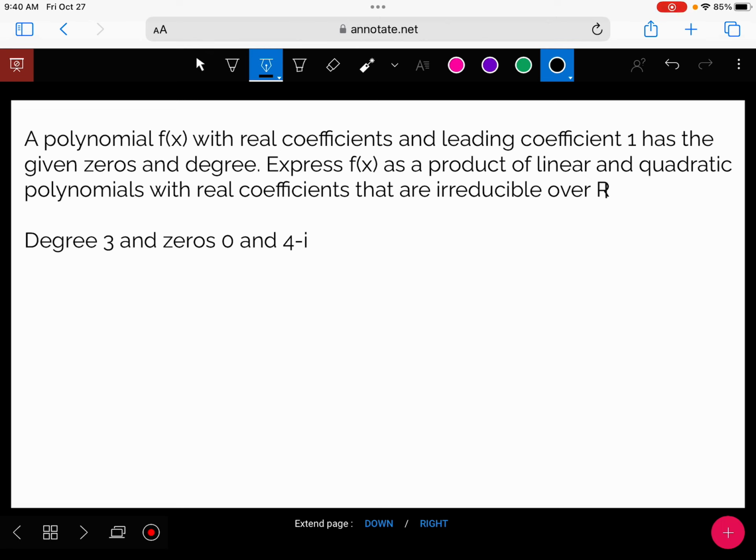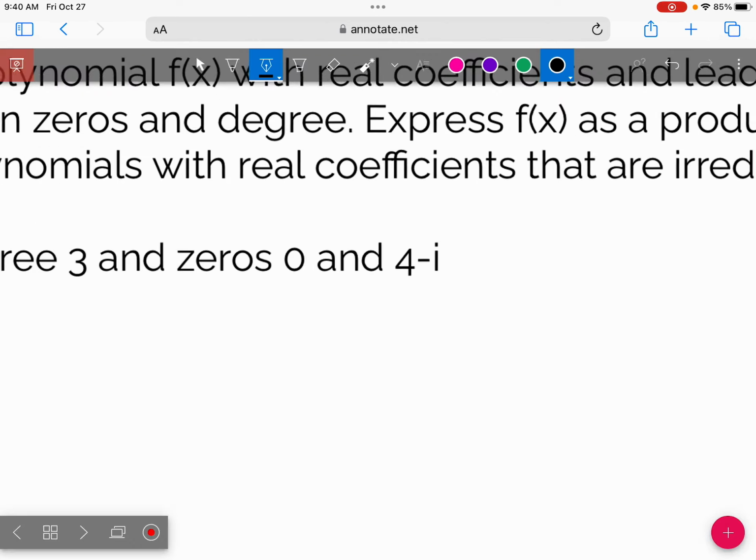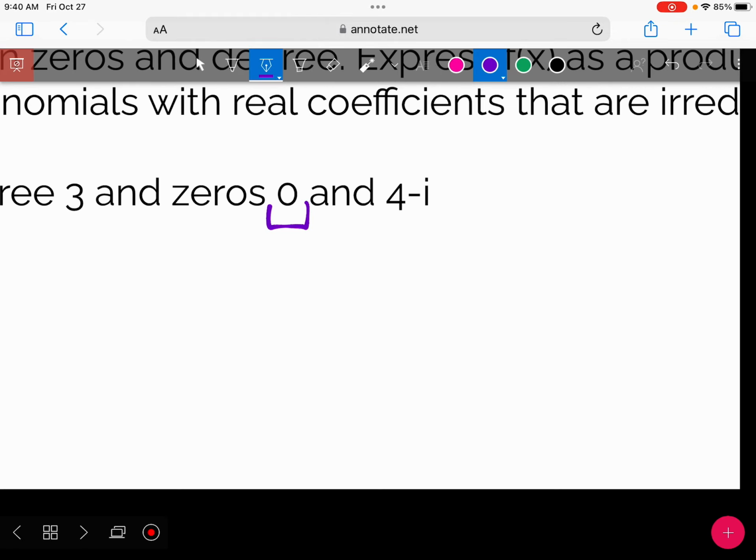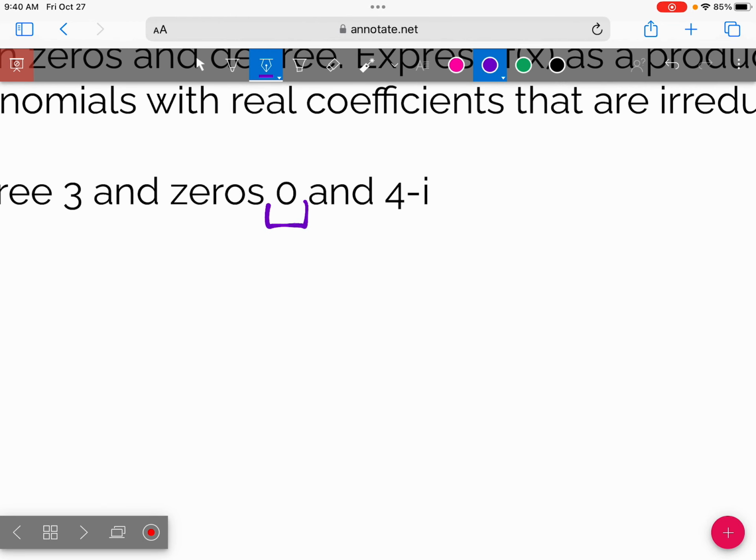So we have degree 3 and 0, 0 and 4 minus i. So this one's real. So how do I write a factor that has a 0 of 0? X. Ta-da. We did it.